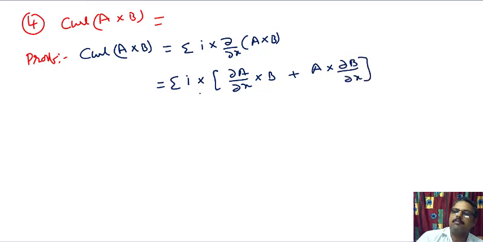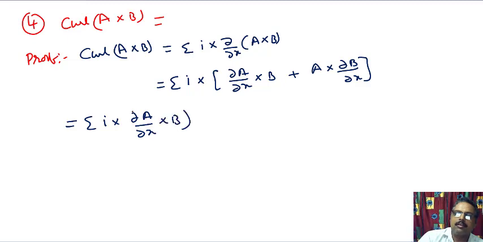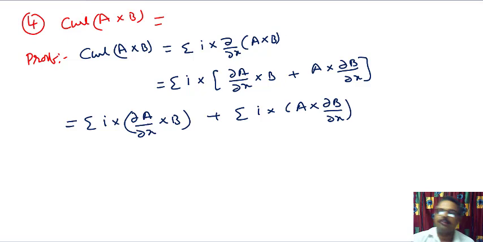Okay, so separate into two terms. Sigma i cross dou A by dou x cross B, this is the first term. Sigma i cross A cross dou B by dou x, this is the second term.